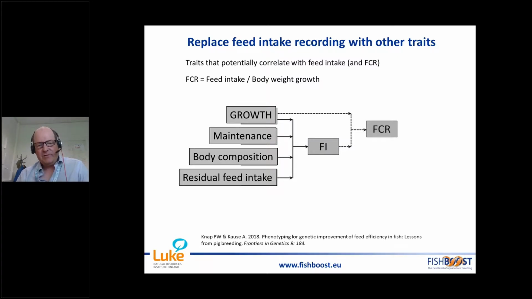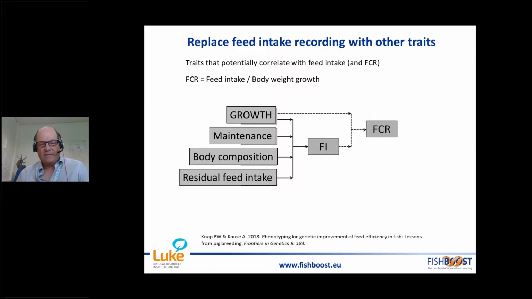Then we have residual feed intake here as the last one. And the logic here is that we can explain part of the variation in feed intake by growth, by maintenance, by body composition. And then there is the rest, which we don't know, the factors which are underlying there.